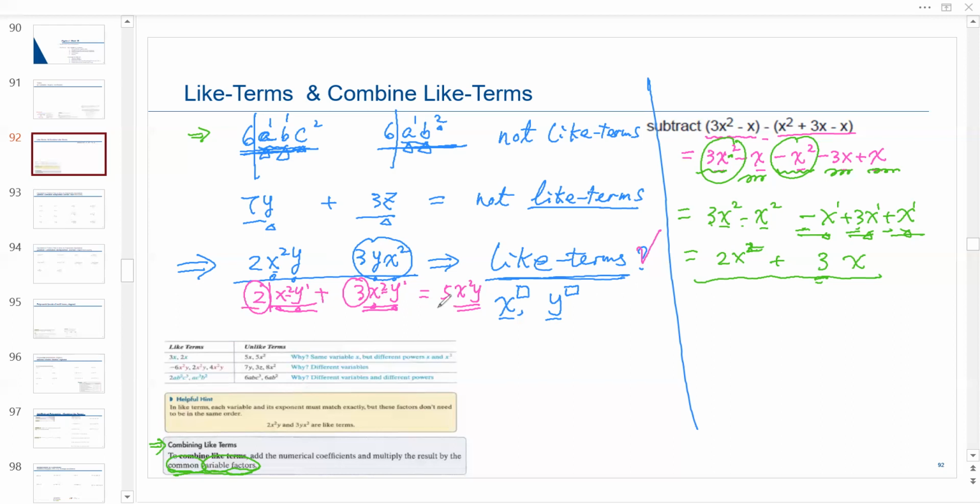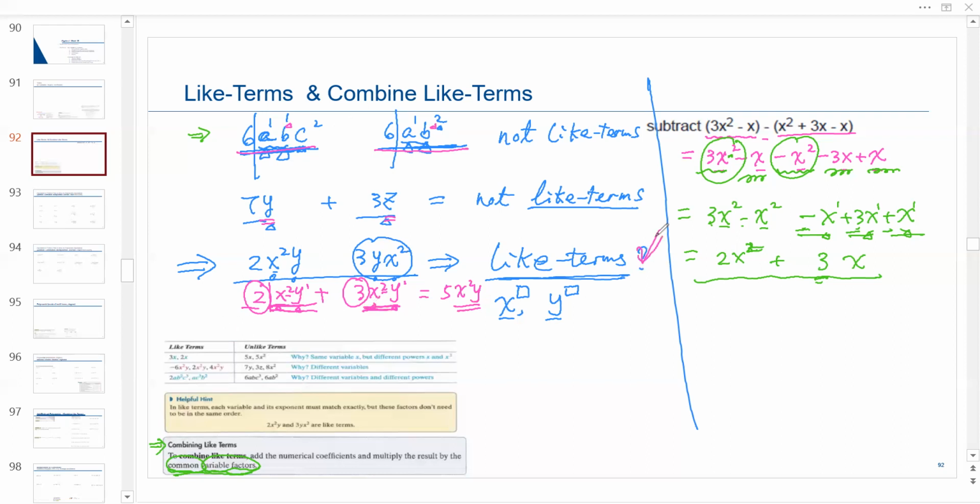So they are like terms, but this one is definitely different. Even if you adjust the places, they are still different. Here, their exponents are different. They are definitely not like terms. But like this one, after proper adjustment, you can see that other than the coefficient, the rest is the same.